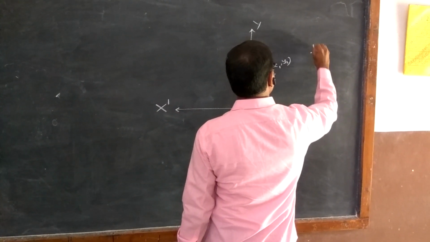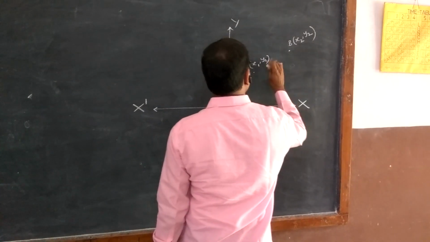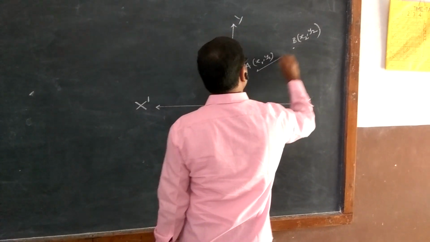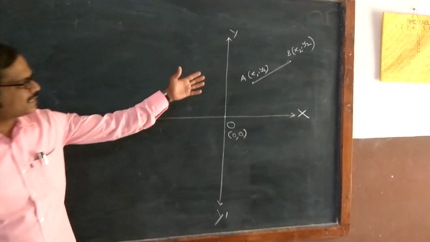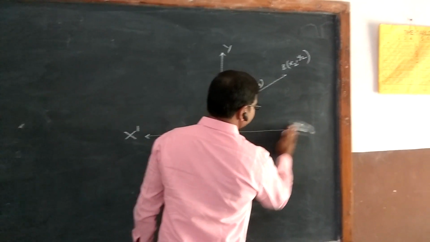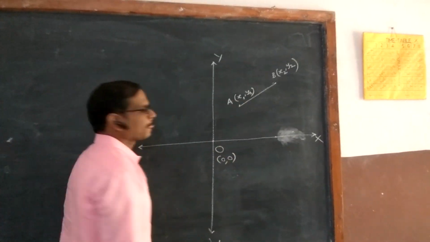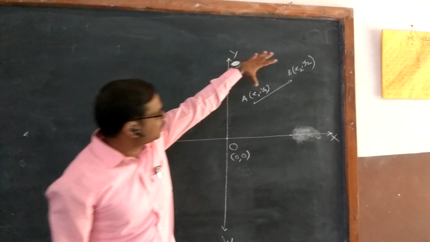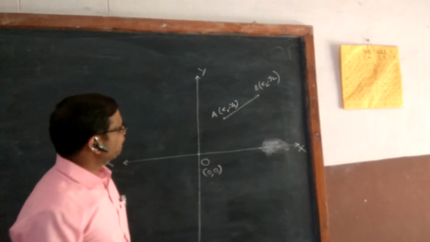Another point I am taking is B of x2, y2. How do we find the distance between these 2 points? Let me extend this.